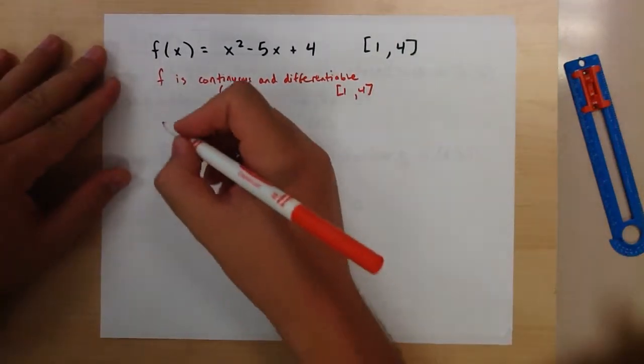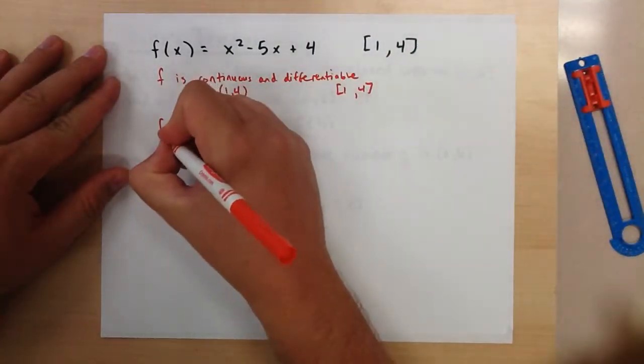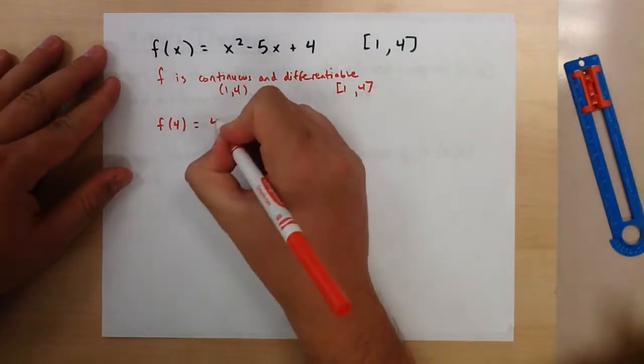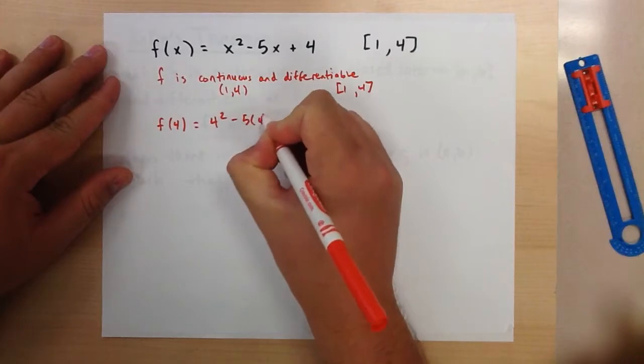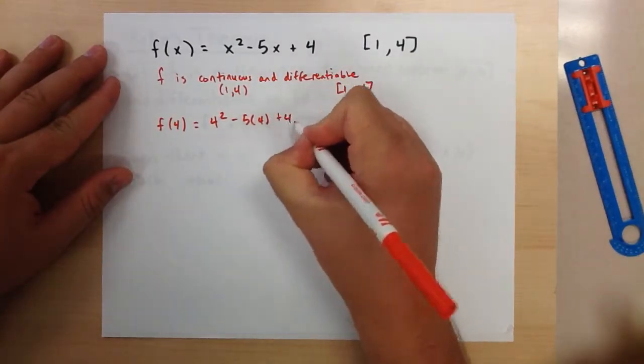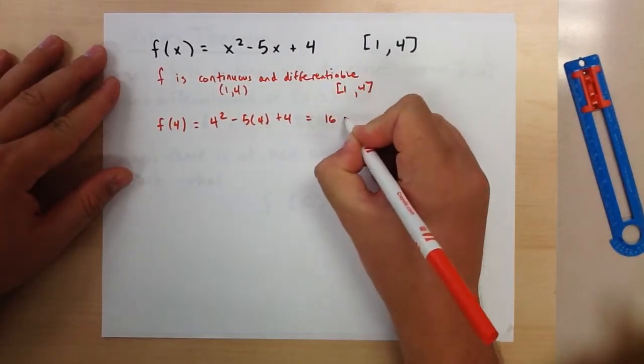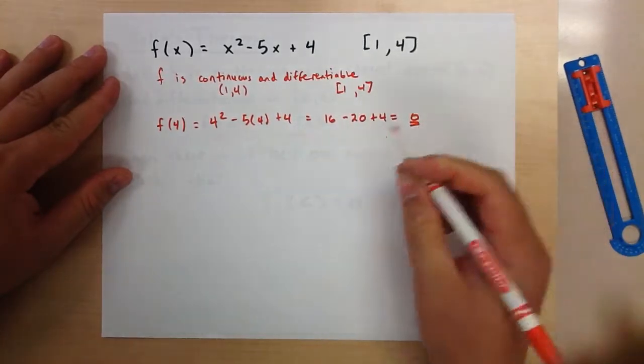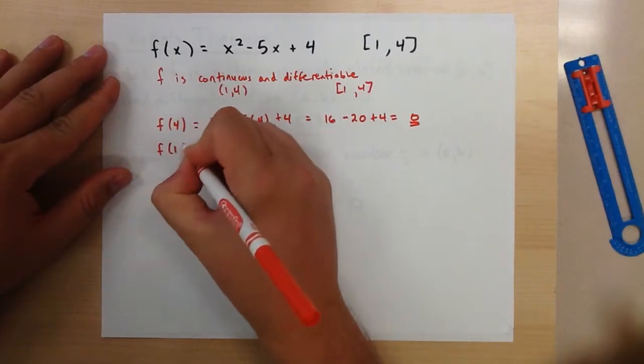Okay. And so what I need to do is find f of 4. So no calculus yet. f of 4 is going to be 4 squared minus 5 times 4 plus 4. That's 16 minus 20 plus 4. Oh, that's 0. That's kind of weird.